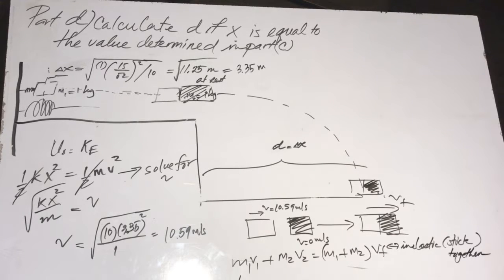So m1 is 1 times velocity 1 plus 0, because this is initially at rest, equals 2 vf. My vf is equal to that divided by 2.